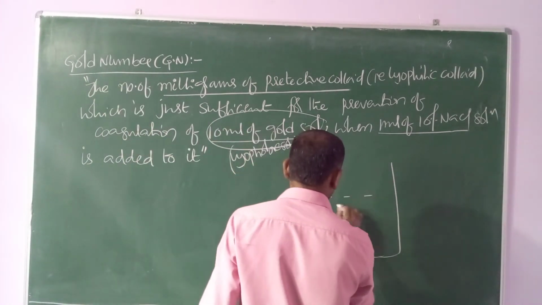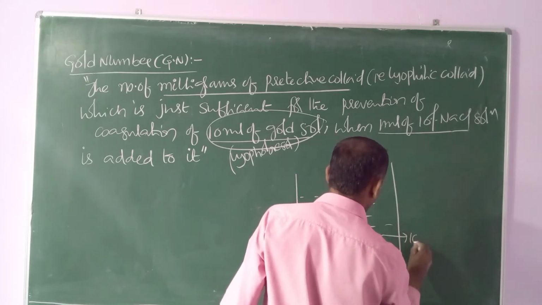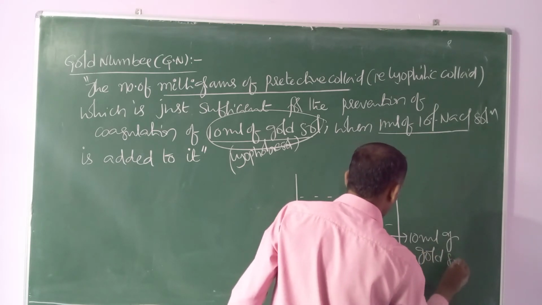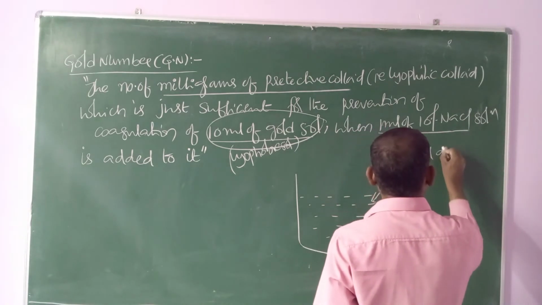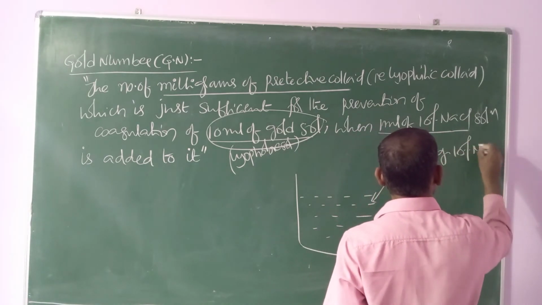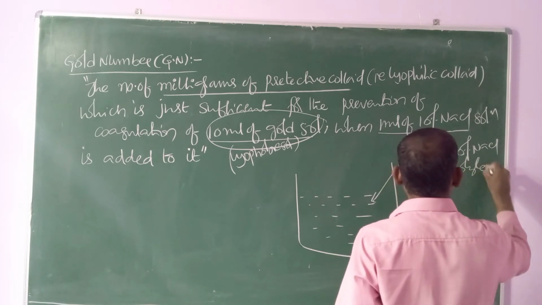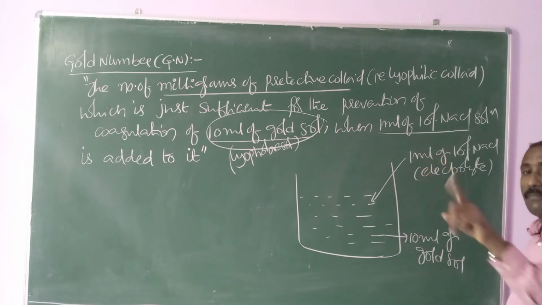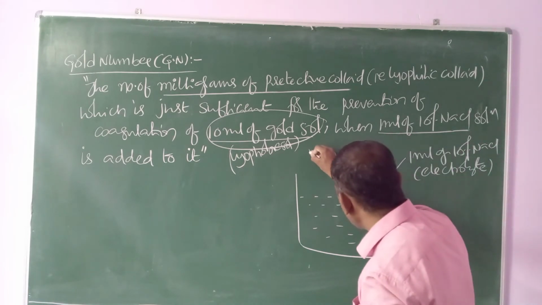Now I am considering 10 ml of gold sol. To this 10 ml of gold sol, if you directly add 1 ml of 10% NaCl solution, which is an electrolyte, coagulation takes place immediately.